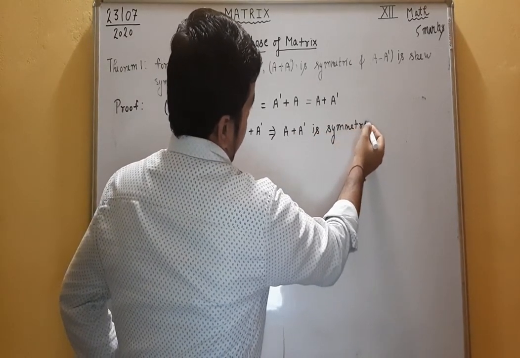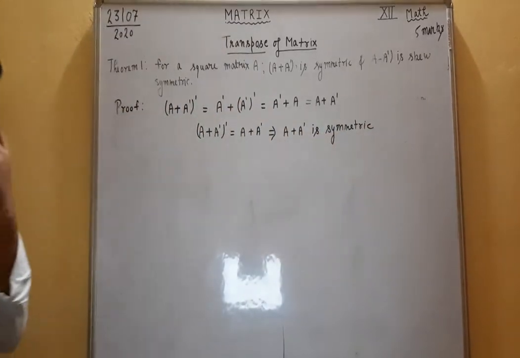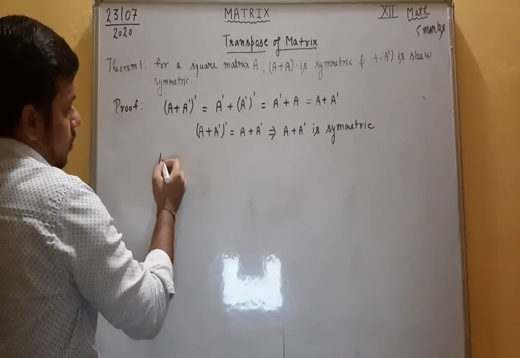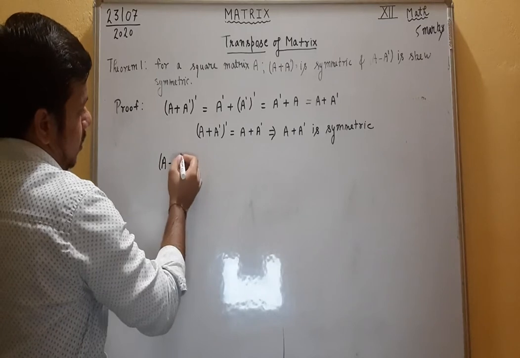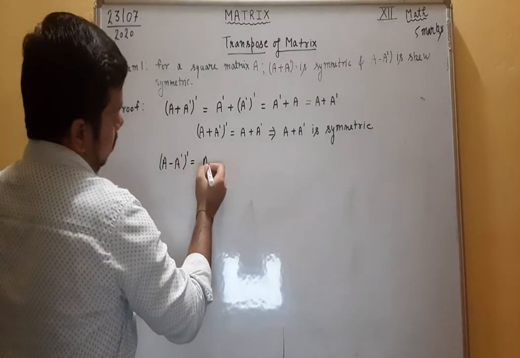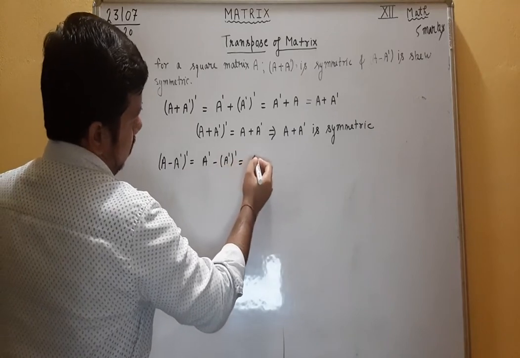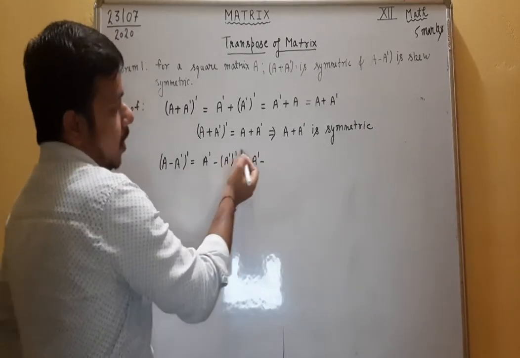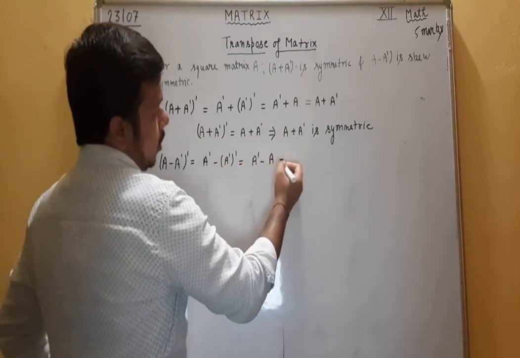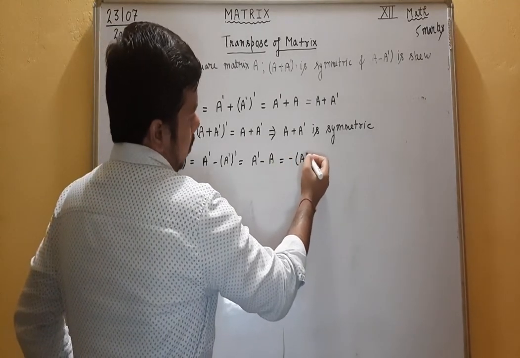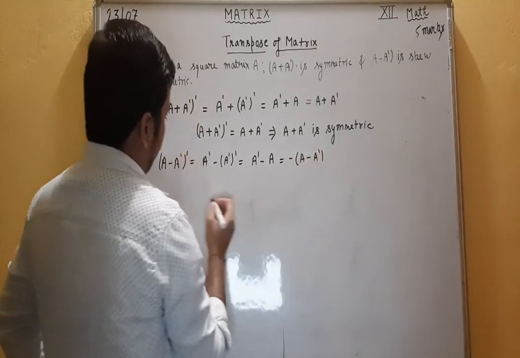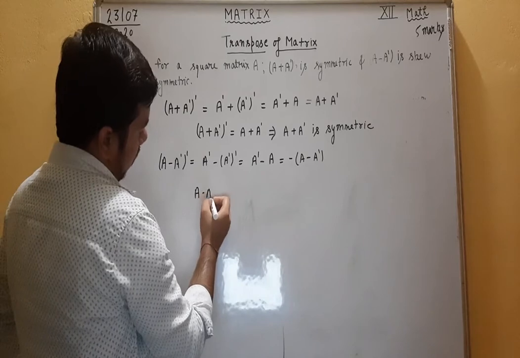Now see the next one, A minus A dash. A minus A dash dash is equal to A dash minus A dash dash, A dash minus A. A का दो बार आप ट्रांसपोज लोगे तो ये हो जाएगा, माइनस कॉमन ले लो बेटा, A minus A dash.